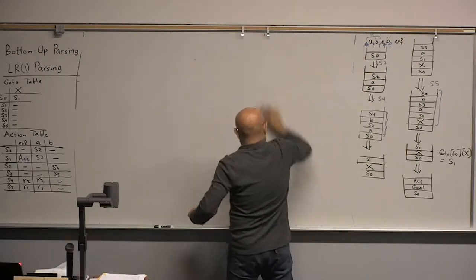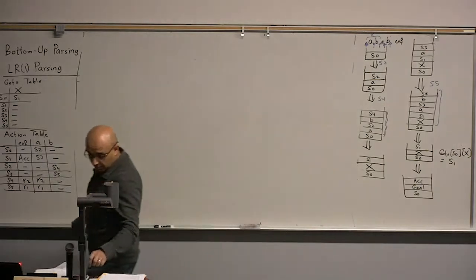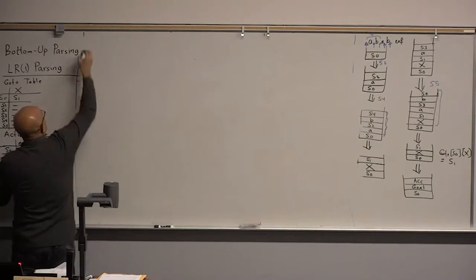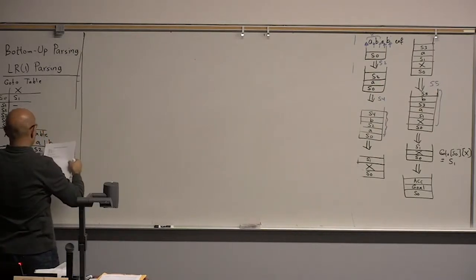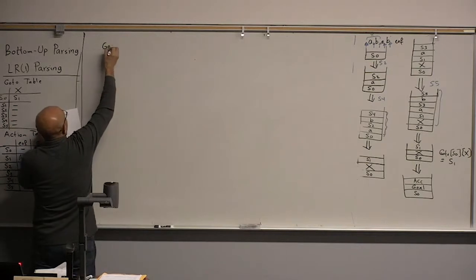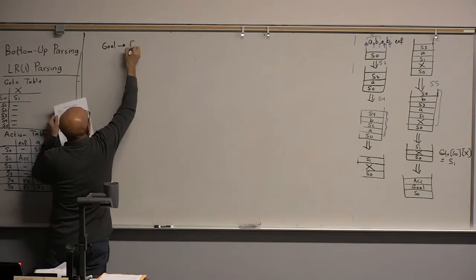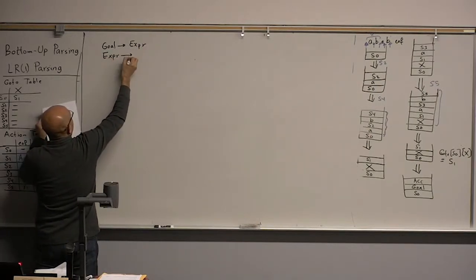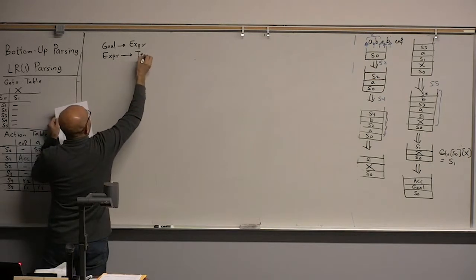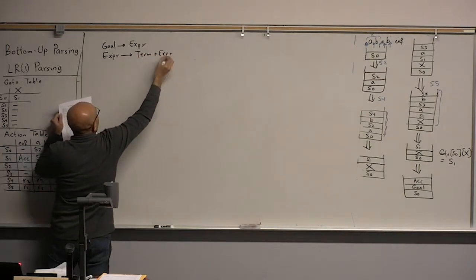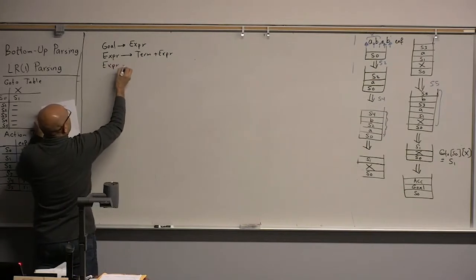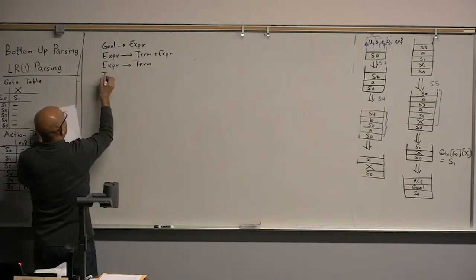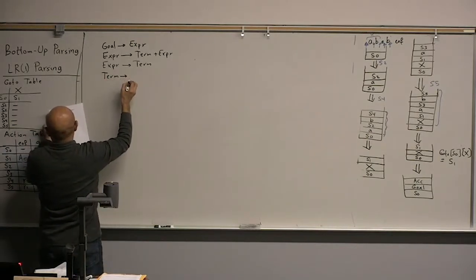This is enough. We won't need more than this. Okay. So one of the homework questions is a simpler version of the classic expression grammar. So we have goal goes to expression, and expression goes to term plus expression, and expression also goes to term, and term goes to factor times term.